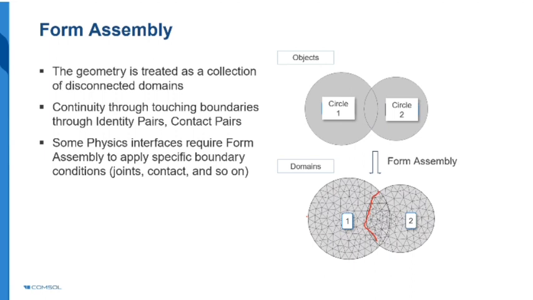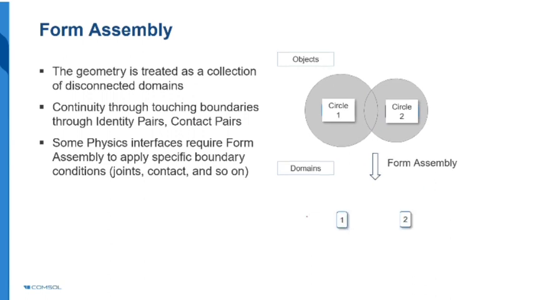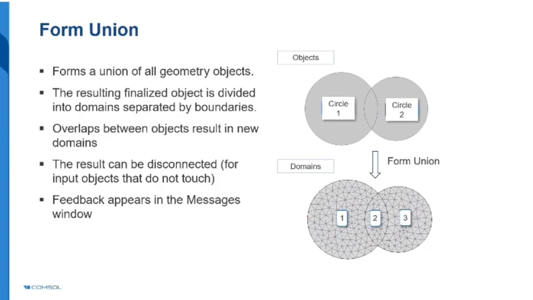Another scenario wherein form assembly can be used is if you are working on a very complex geometry, and getting a really good mesh for all the domains may become difficult, because as you can see over here, when we use form union, it will always ensure that across this internal boundary you have exactly the same mesh nodes, and accordingly the mesh will grow on either side.